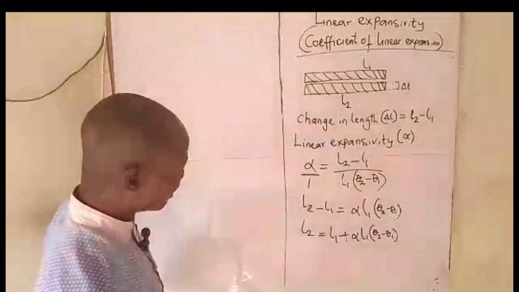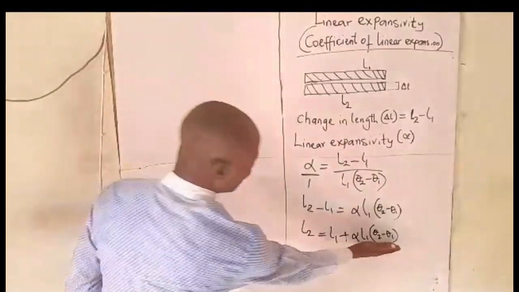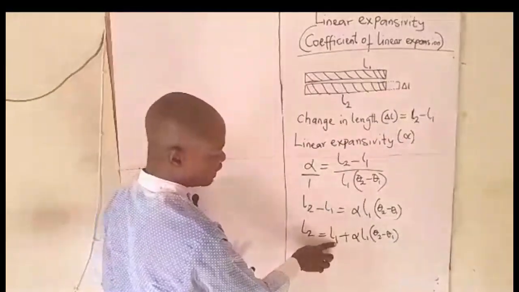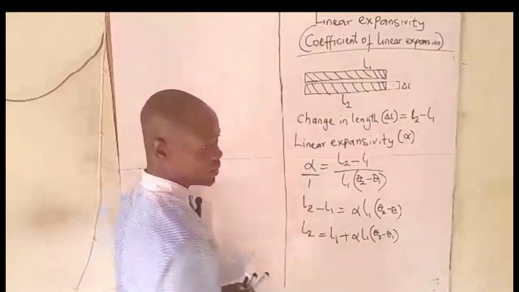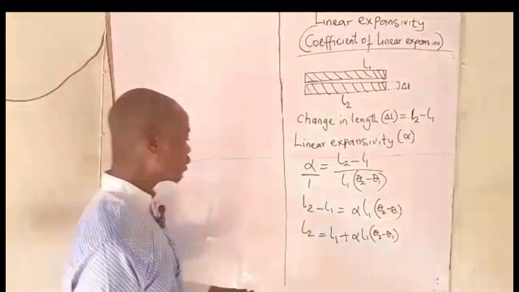Now, when we look at the expressions here, we can see that L1 is here and L1 is here. So what we do is that we try to factorize it.